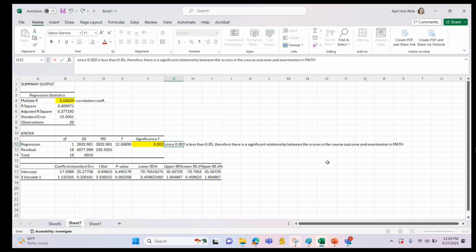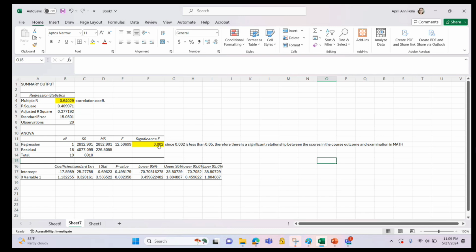Okay, so that's what we can tell about this p-value or the significance value.